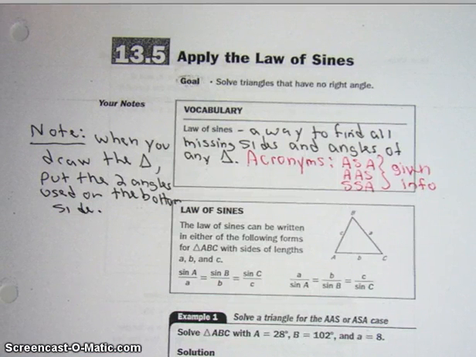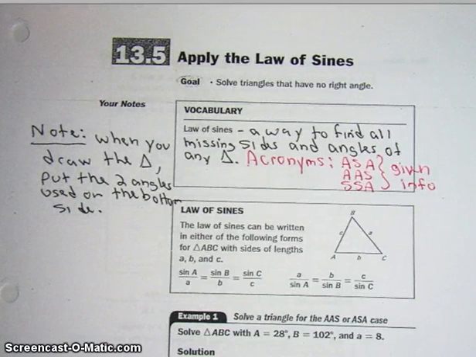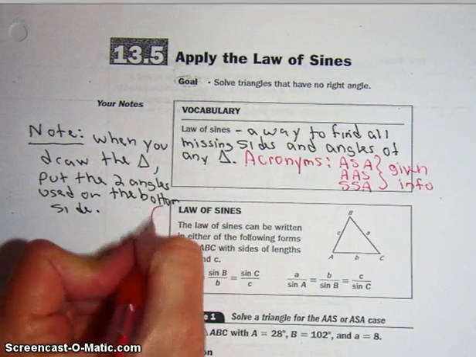That will help you get a good picture. That will help us all be consistent as to how we're attacking the problems. Okay? All right, law of sines is actually in the box right here.